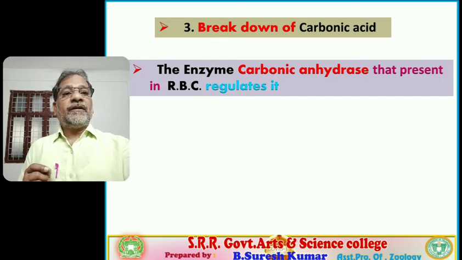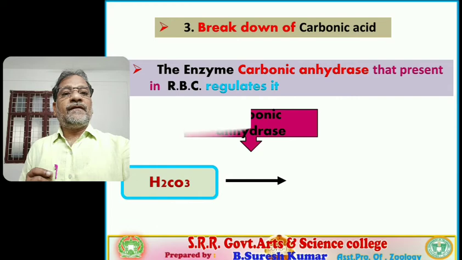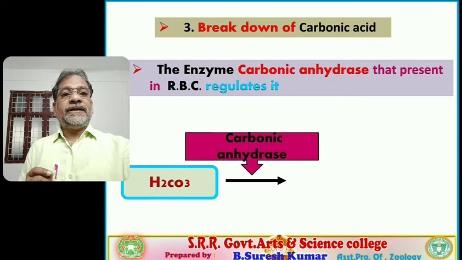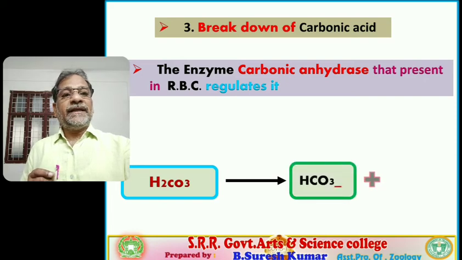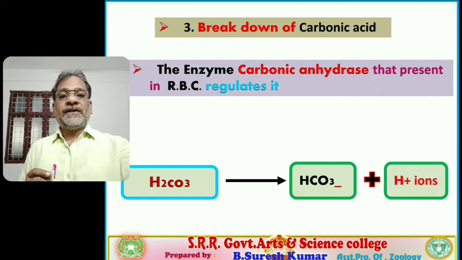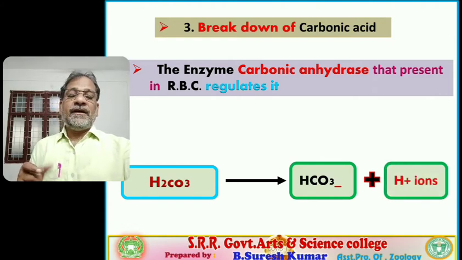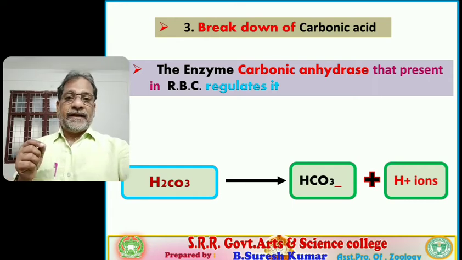The carbonic anhydrase enzyme present in RBC regulates this phenomenon. Under its influence, the carbonic acid is going to produce HCO3 minus ions plus H plus ions. So the H2CO3 molecule breaks down and produces HCO3 bicarbonate ions as well as H plus ions.